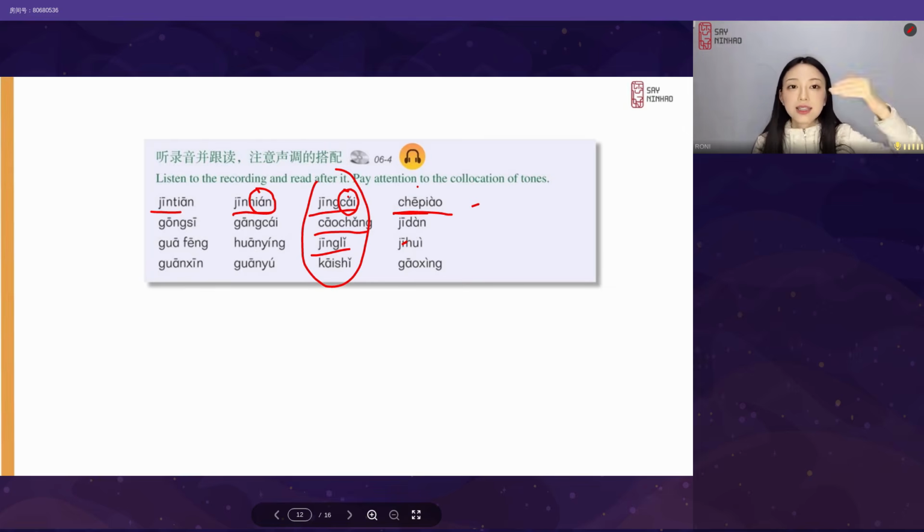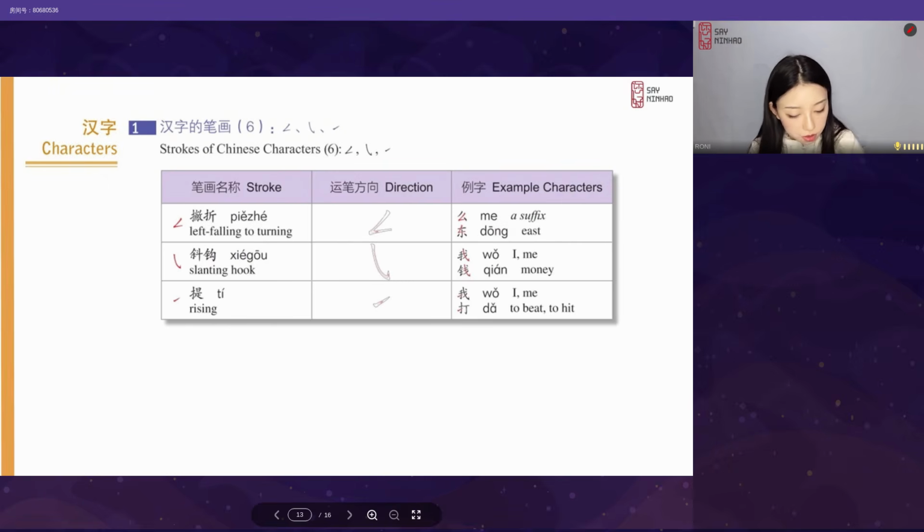Last one is 开始, not the full third tone, it's the half third tone, like 2-1-1. 始. It's like this. Okay, this is the third tone when it is in a collocation of disyllabic words.